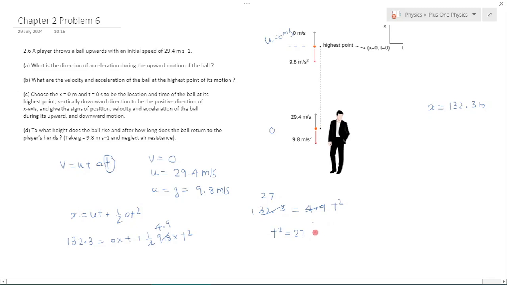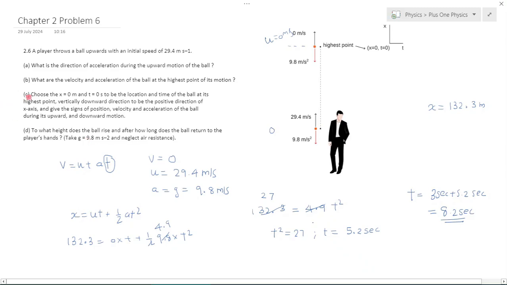So t is nearly 5.2 seconds, which I have already done in the problem. And the final answer for the total time taken: we already found 3 seconds for the initial time, and 3 seconds plus 5.7 gives 8.7 as the total time taken.